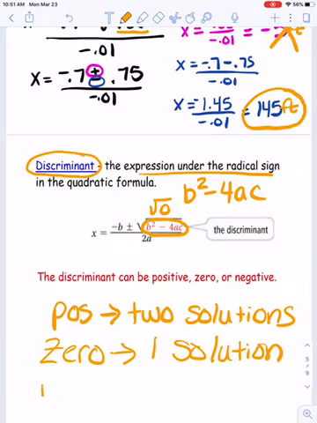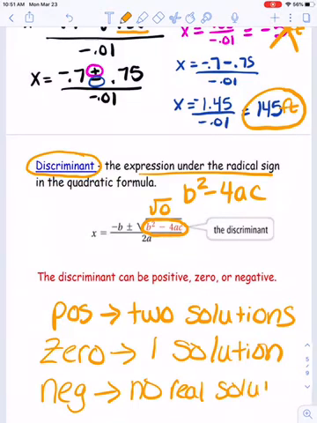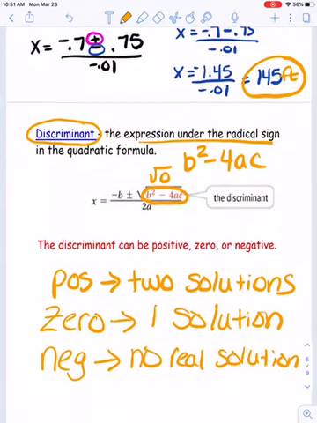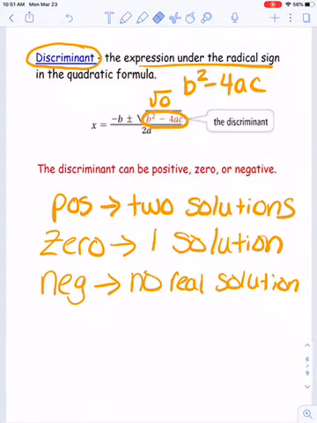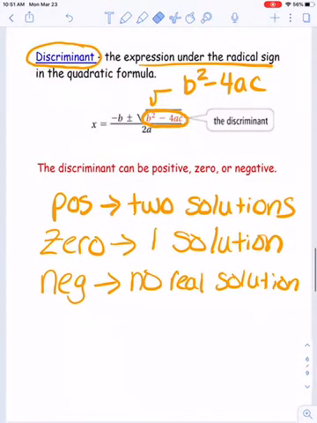Finally, if our discriminant is negative, that means we're going to have no solutions, no real solutions. Because, again, if we look up here, if we took the square root of like a negative 3 or something like that, we know we can't take the square root of a negative number.